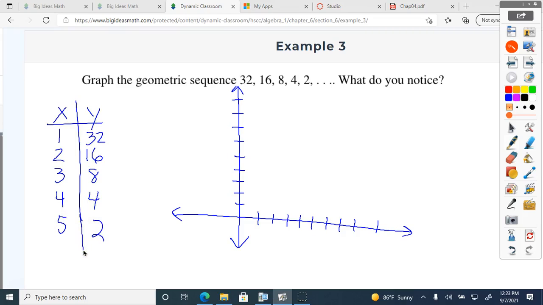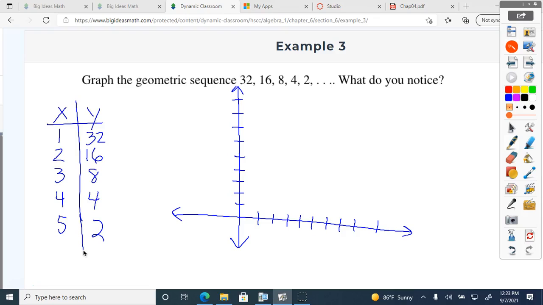So it says, what do you notice? I guess we should graph it first, but you don't actually have to graph it before you can notice what's happening. It's dividing by 2, which means the numbers are getting smaller. So think about the stuff we've already learned in this chapter. Remember we talked about exponential growth? So this is decay, and it's decaying by how much every time?